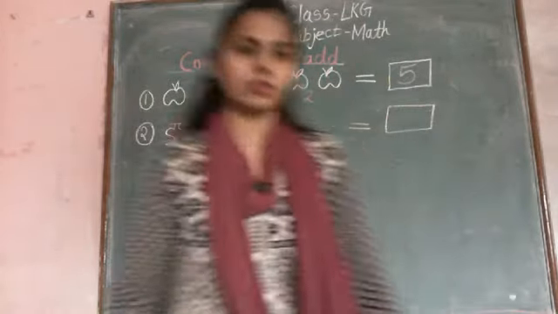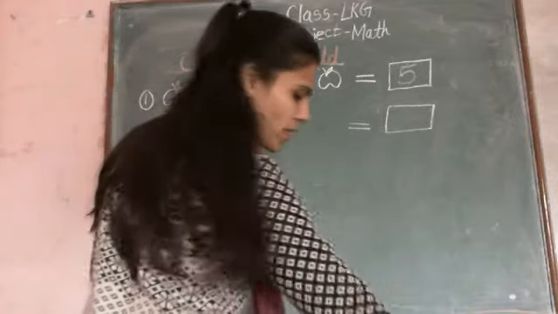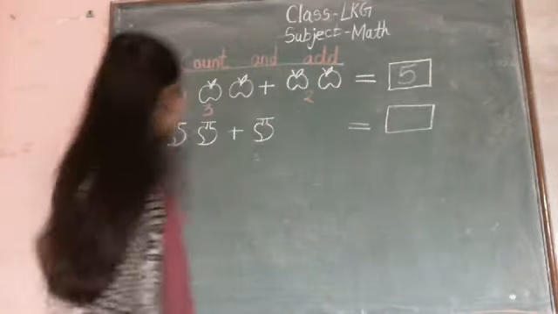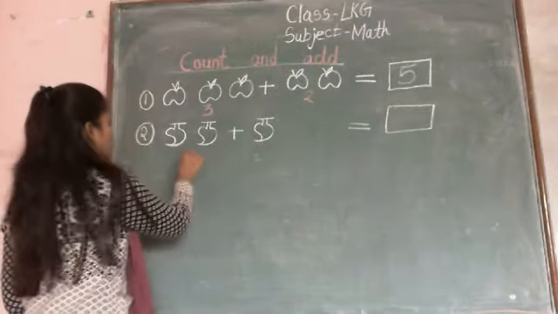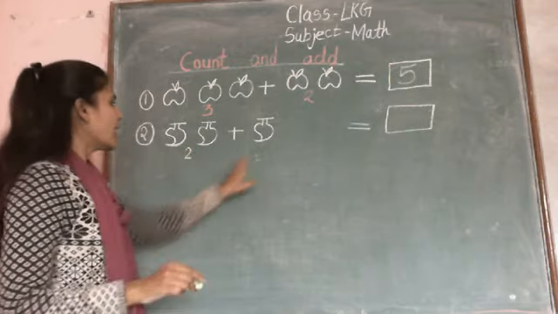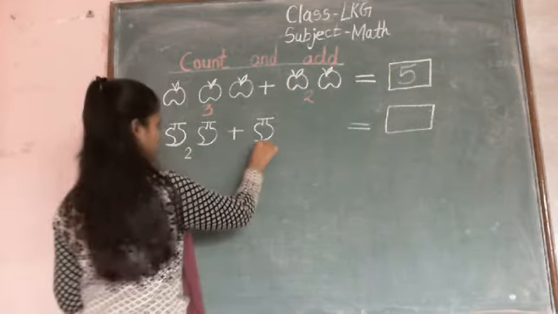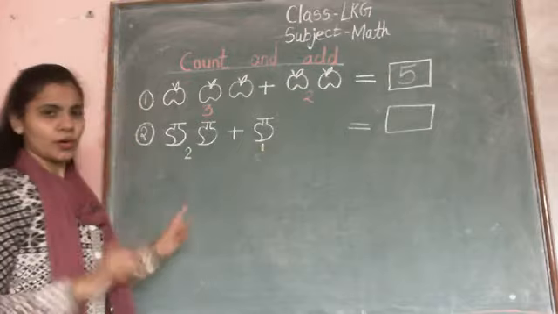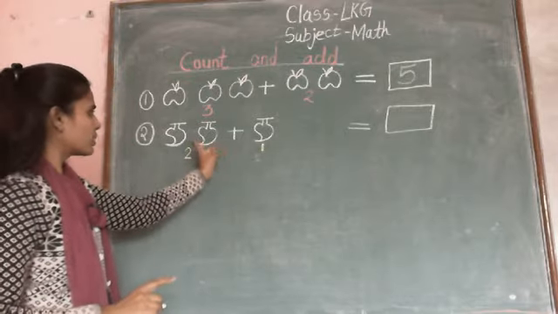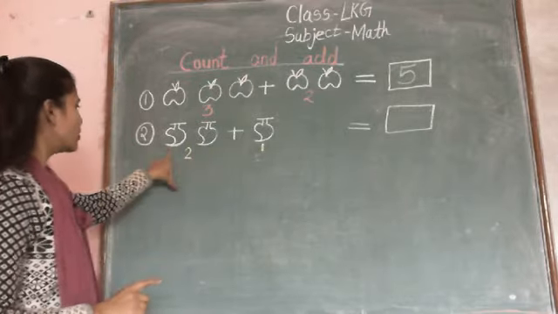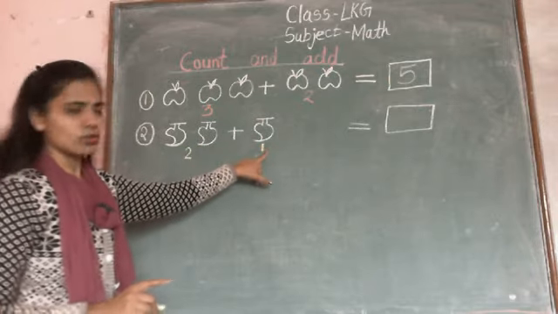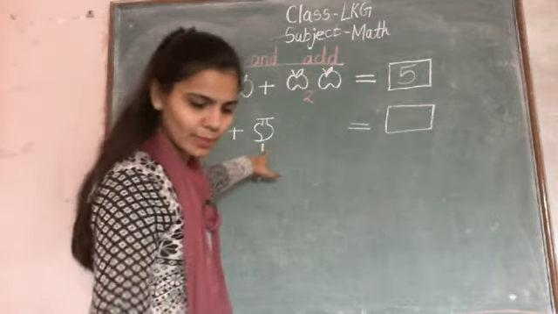Okay. First you count mangoes. How many mangoes before the plus sign? 1, 2. Okay. Now here only 1. Now we will count all together before plus sign and after plus sign. 1, 2 and 3. So 2 plus 1 is number 3.